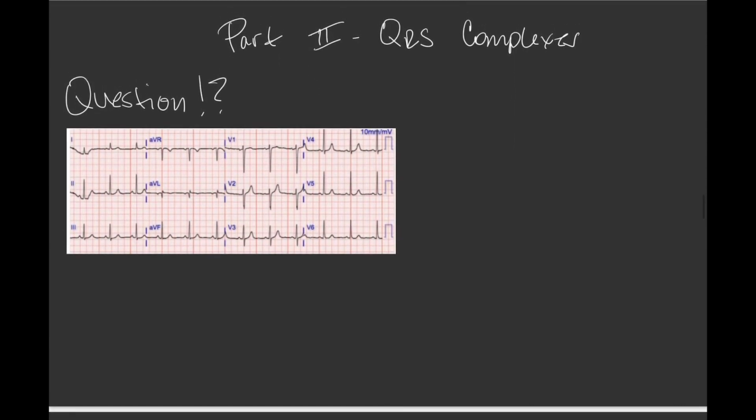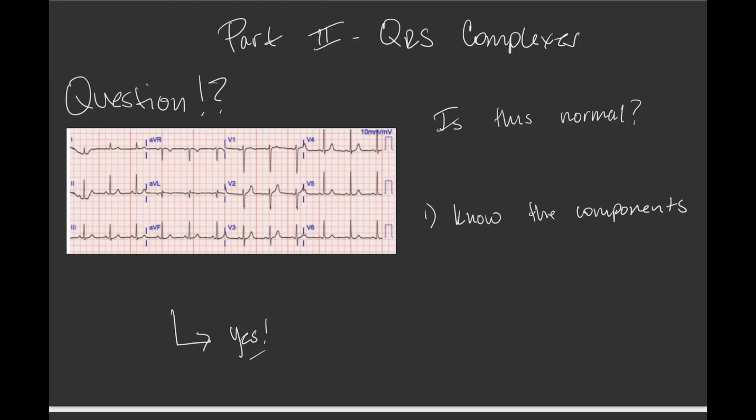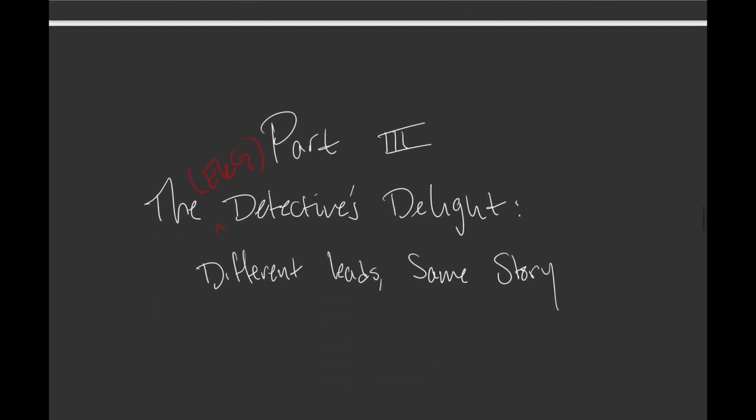And what we're about to find out is yes. So not only do we need to know the components of the QRS complex or QRS complexes, we also need to know where it's normal to find them. And that is what we are going to investigate next.